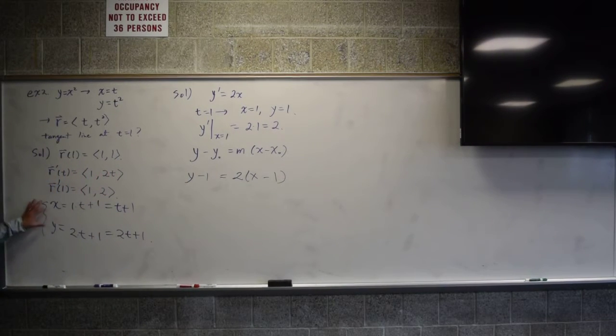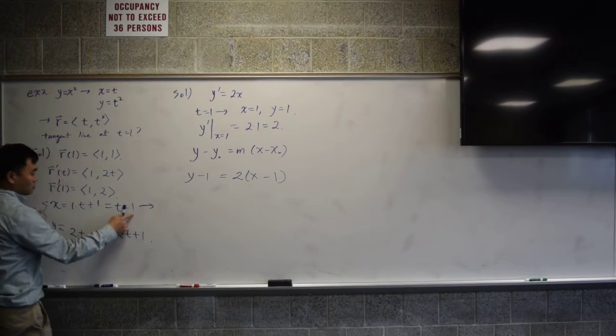Now, how would we compare this one with that one? How do you know that these are the same thing? Yeah? Set them equal, like you would bring the 1 over from the y side, and with the x too. You would solve both of them for t, and then since they're both equal to t, you can set them equal to each other.